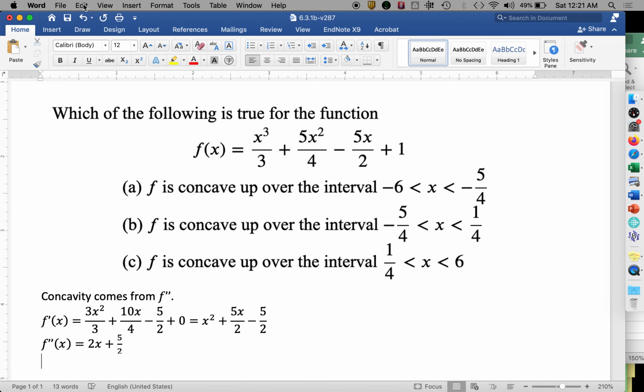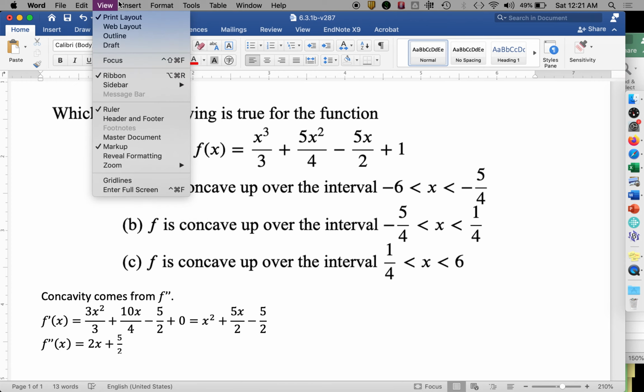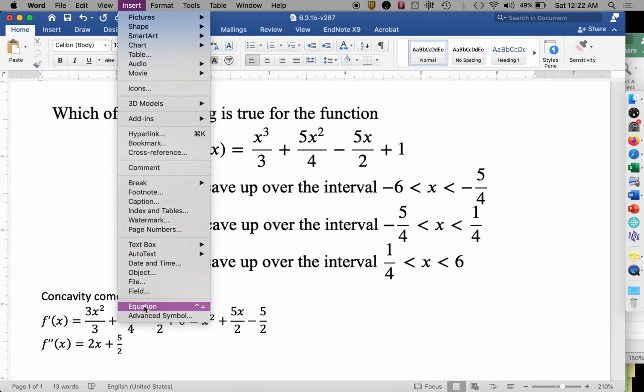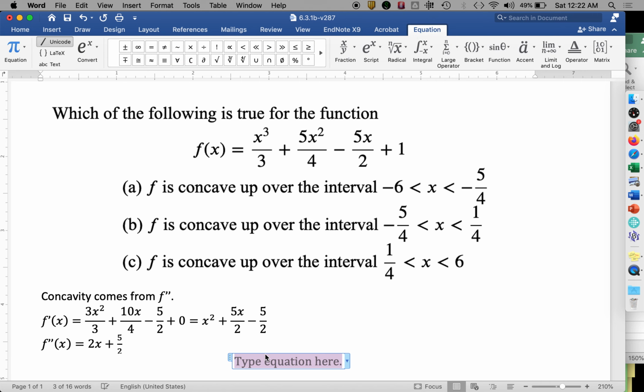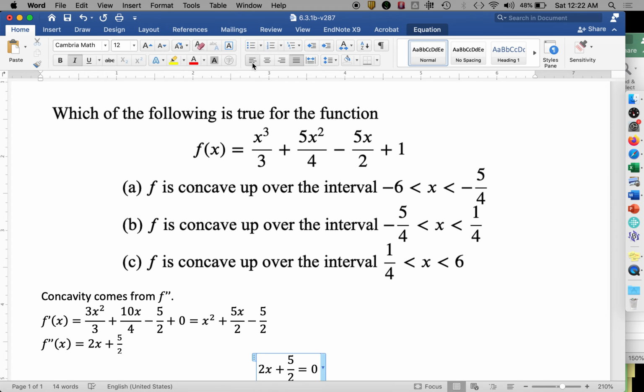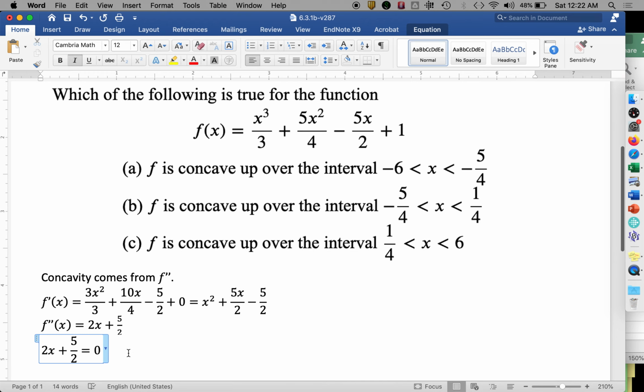So we want to say that 2x plus 5 halves is equal to 0. Okay, so that means then that 2x would equal negative 5 halves.